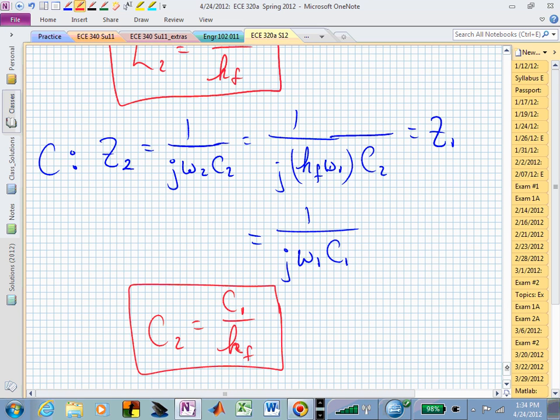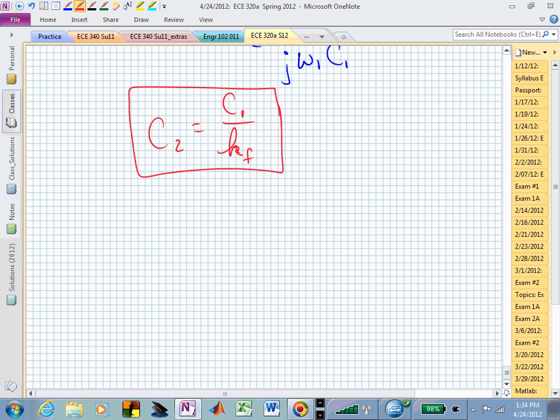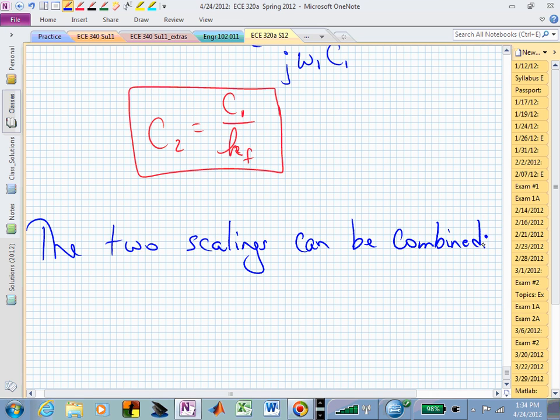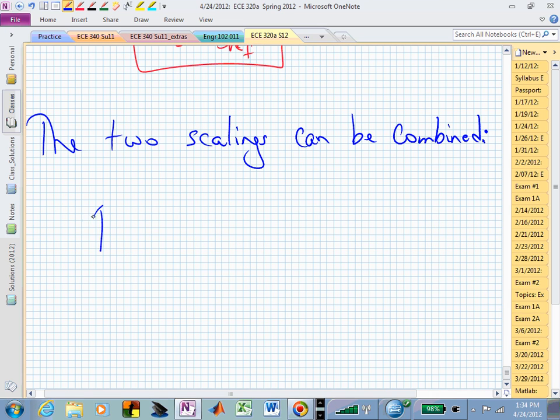If we combine both of those scalings into one step, which we can do, the two scalings can be combined. Now we know that R2 is just going to be scaled by the magnitude scaling.